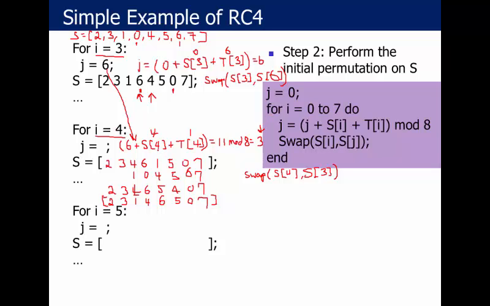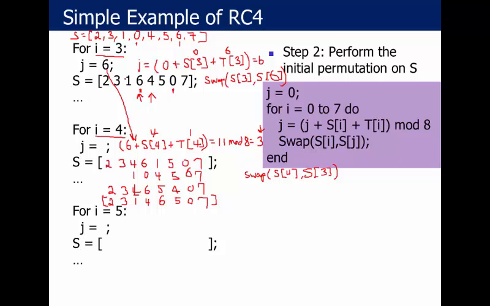So 4 and 4. So S of 4 from here, 0, 1, 2, 3, 4. There's a 4. And T sub 4 is from the previous slide, which is 1. So that is 11. And the remainder is 3. So we need to swap 3 and 4, which means the 4th and 5th.